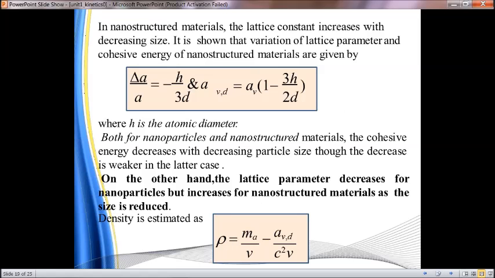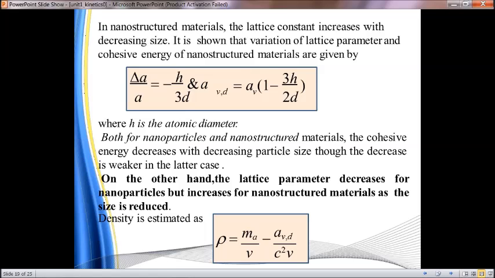It is shown that the variation of lattice parameter and the cohesive energy of nanostructured materials are given by delta A by A, which is equal to minus H by 3D into A, where H is the atomic diameter and D is the diameter of the nanoparticle, and in which we can find the area, considering the volume and diameter of the particle, is equal to the volume of that particular nanoparticle into 1 minus 3h by 2d.